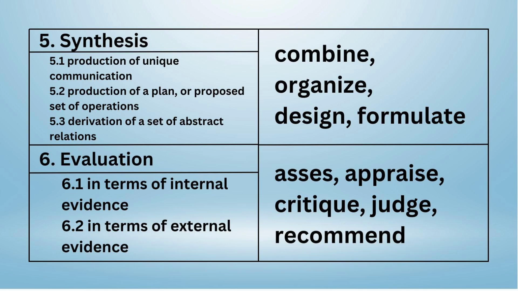First is production of unique communication, meaning creating a new way of expressing ideas. Second, production of a plan or proposed set of operations, which means designing a plan or procedure. Third is derivation of a set of abstract relations, meaning creating a new framework or system of relationships.